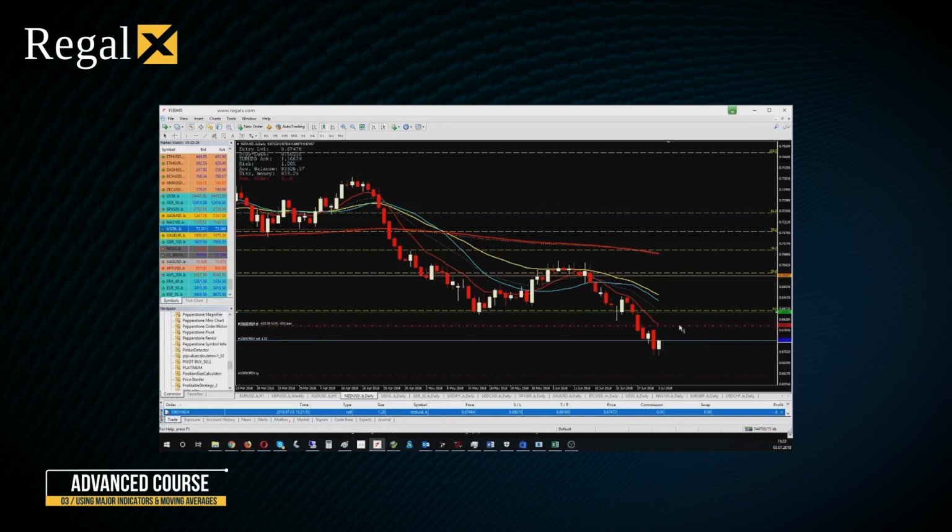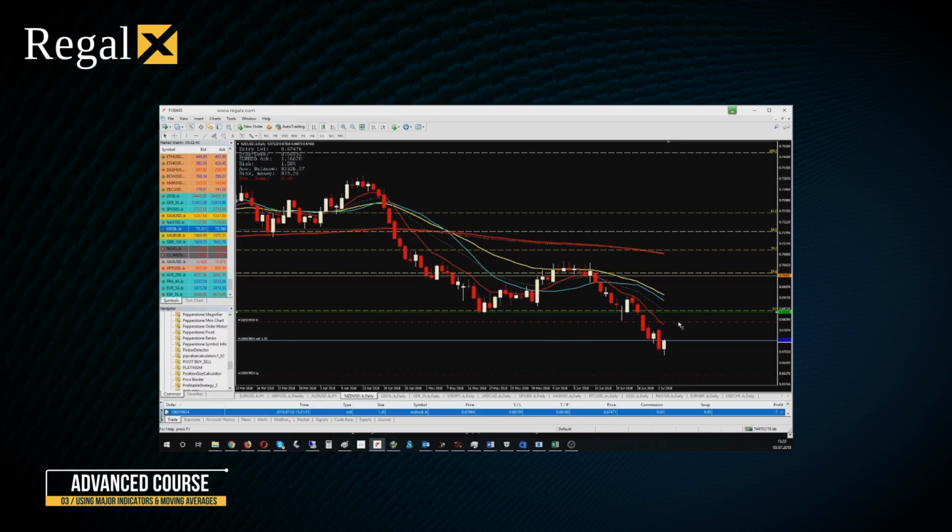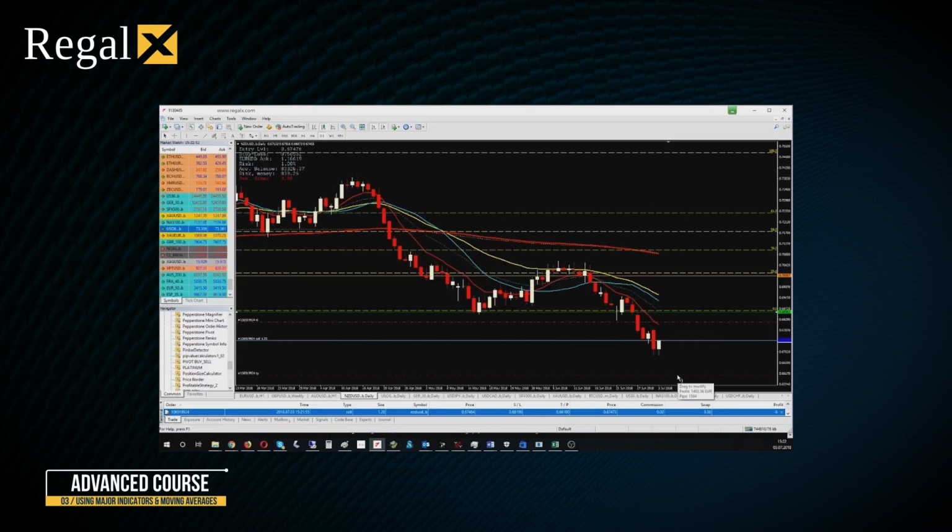So 68.30 is what we said. All right, so this is our stop loss here. If we lose, we lose. If we go into stop loss, we will lose about 750 euros. If we win down here, we will win about 1400 euros. That's also an important thing to pay attention to. What is my risk-reward?